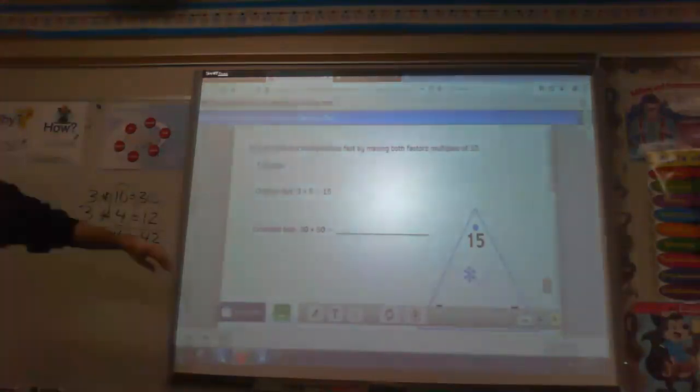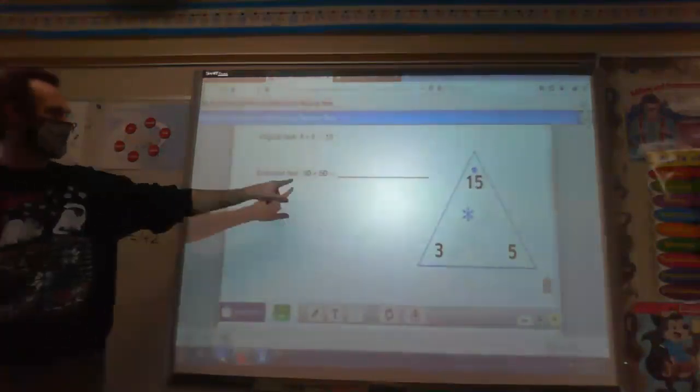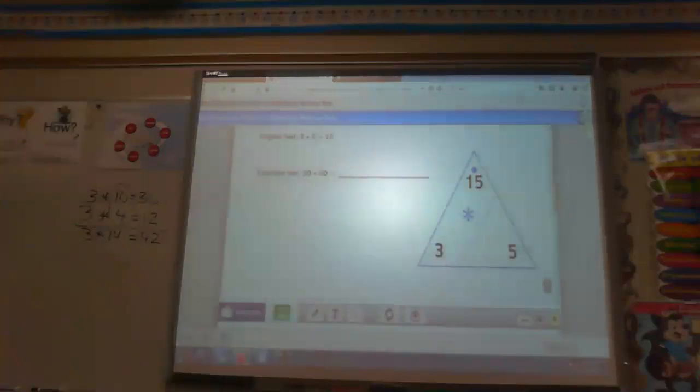Okay, so now this one, they tell you that 3 times 5 is 15. Now they're asking 30 times 50. Go ahead and try that. The same basic idea, just this time there's a 0 on each of them.